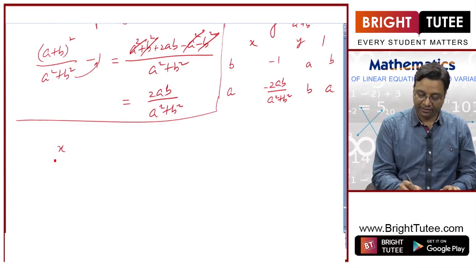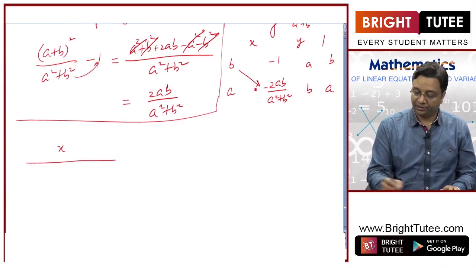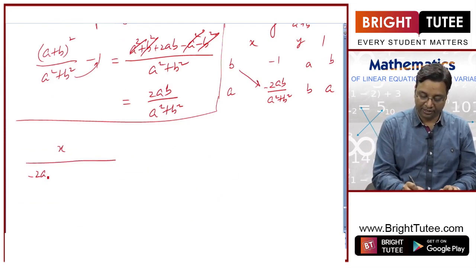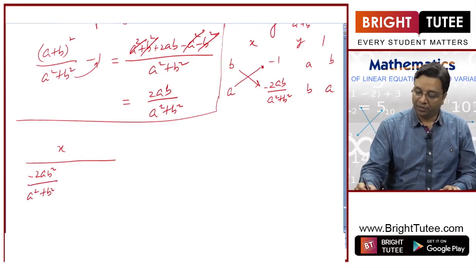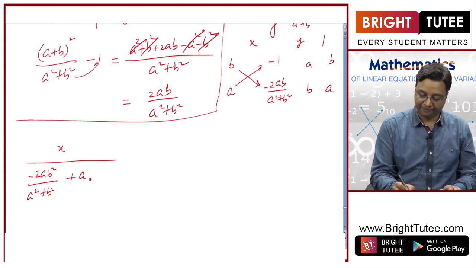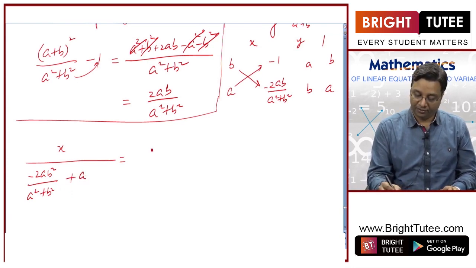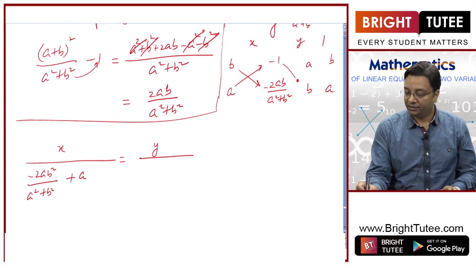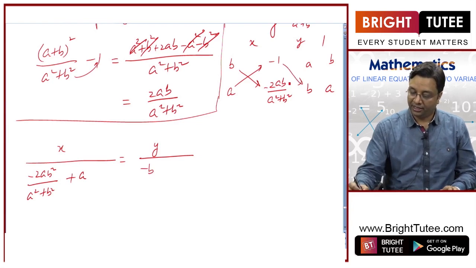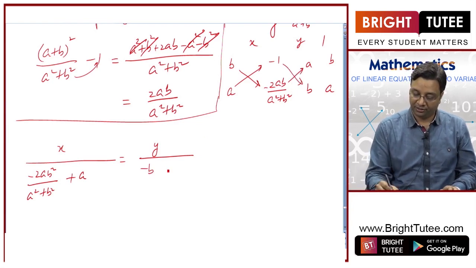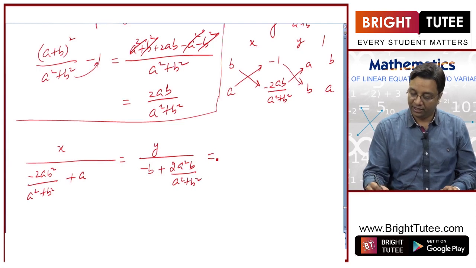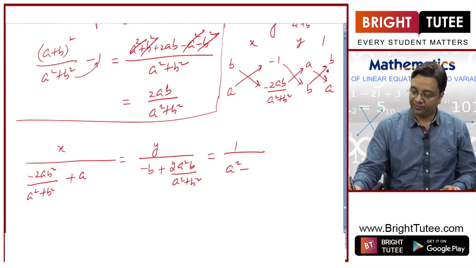So x divided by this, which is minus 2ab square by a square plus b square, minus of minus a, that is plus a, equals y divided by this minus b and this minus of minus plus, that is 2a square b divided by a square plus b square, and it is equal to 1 divided by a square minus b square.